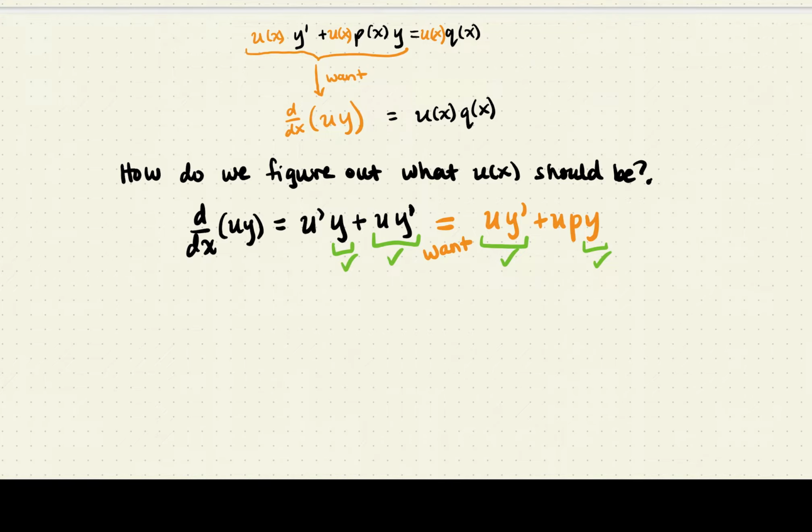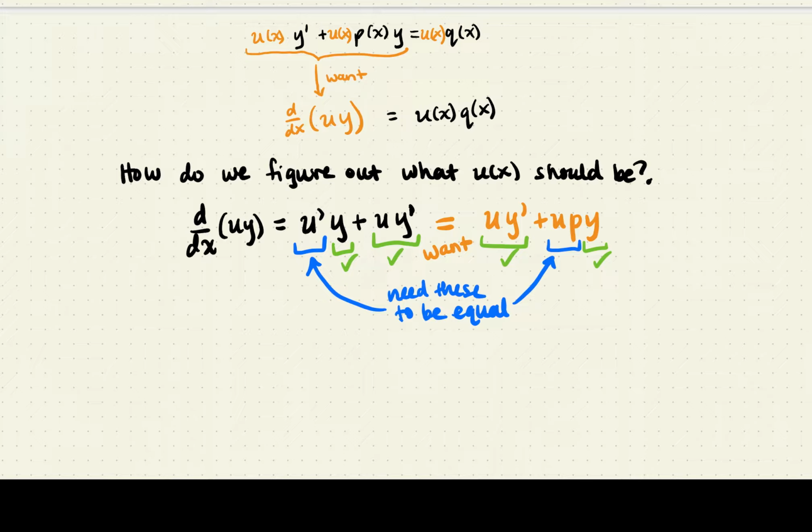The only thing that's missing is this u prime in front of y, and over here it's u times p. So we need these to be equal. That's going to tell us what u of x should be, our integrating factor.